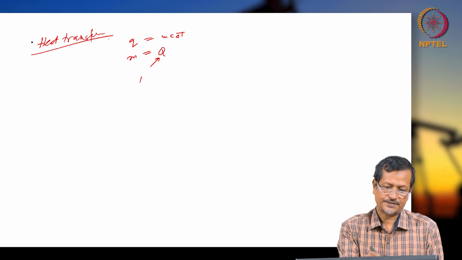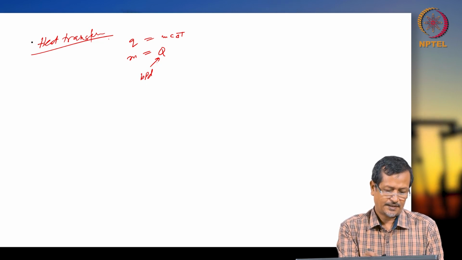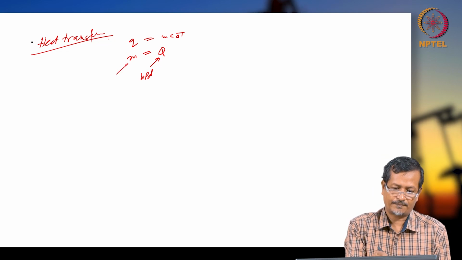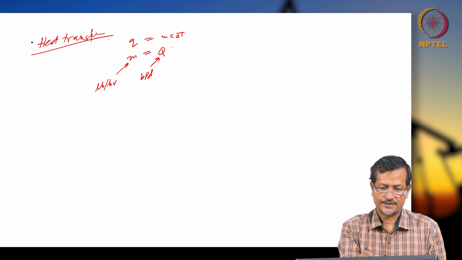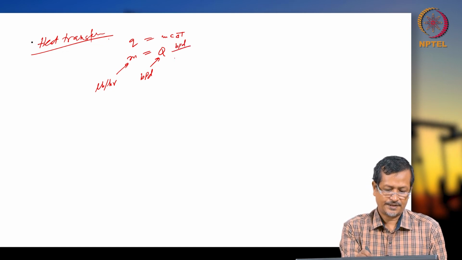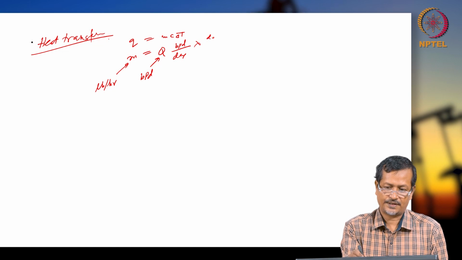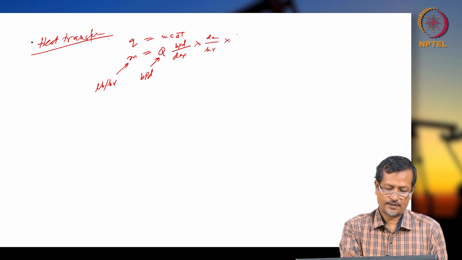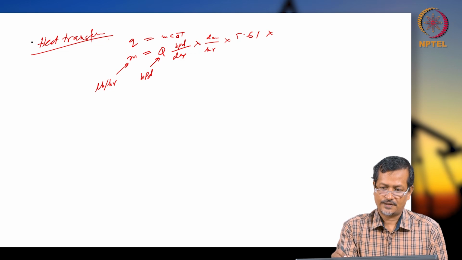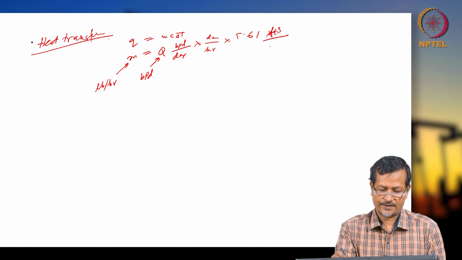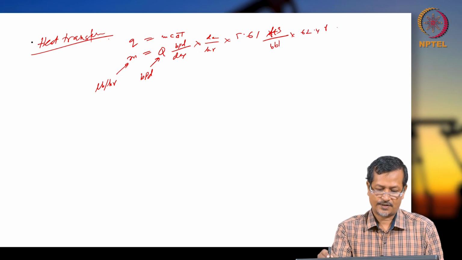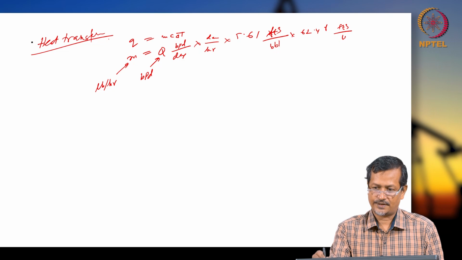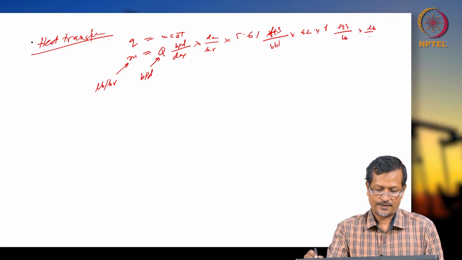Q is in BPD, and mass flow rate in pounds per hour. BPD you can convert like this: BPD divided by 24 hours per day, times 5.61 cubic feet per barrel, times 62.4 γ pounds per cubic feet, giving lb per hour.